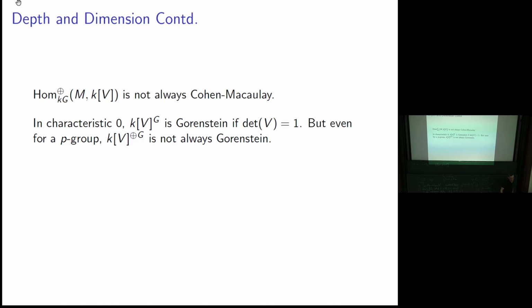And there, the example is P equals 3, but now you want V to be the module of dimension 2, and you look at K of V plus V. And it's the same story as maybe in Nick's talk, right?